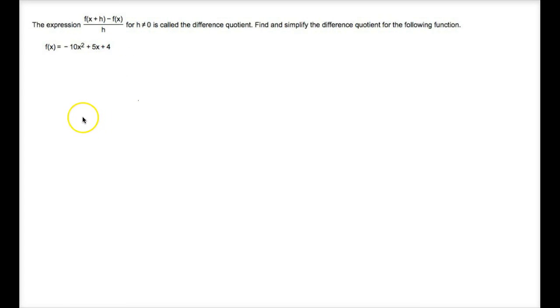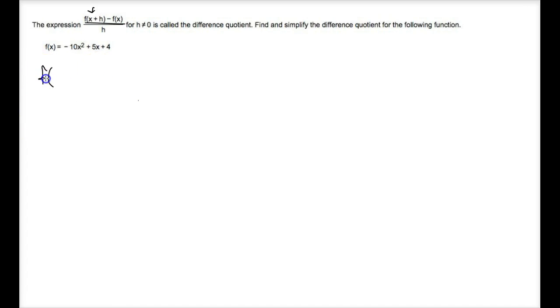To be a little bit more clear, I'm going to evaluate this expression piece by piece. I'm going to figure out what f of x plus h is first, then take that and subtract that answer from f of x and then divide everything by h. So I'm going to do this in 3 steps.